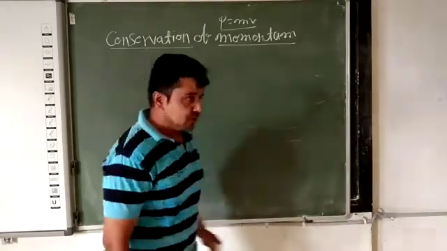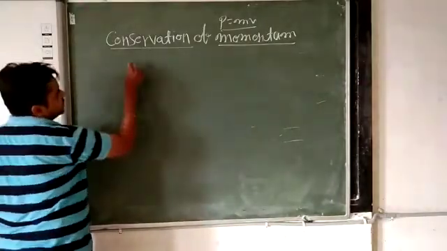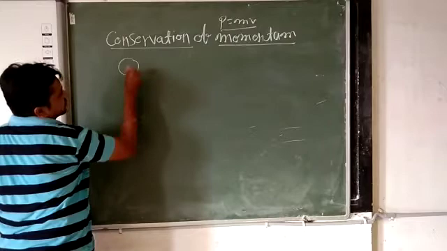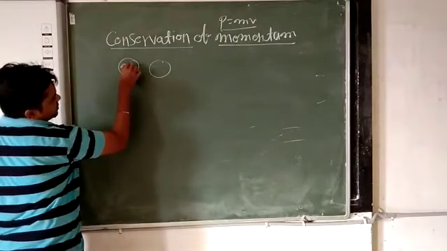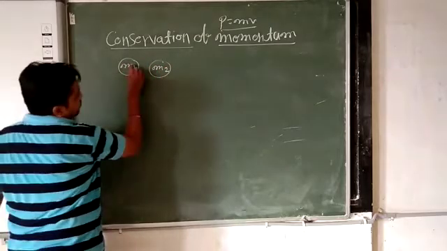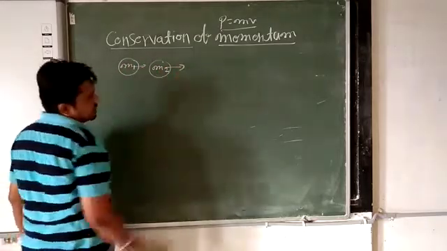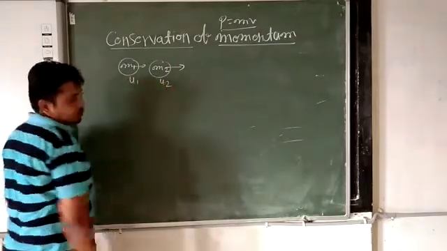Is that clear? So I take one example. Take two objects, this is the first object and this is the second object. The mass of the first object is m1, and the mass of the second object is m2. Both objects move in the same direction linearly with initial velocities u1 and u2.